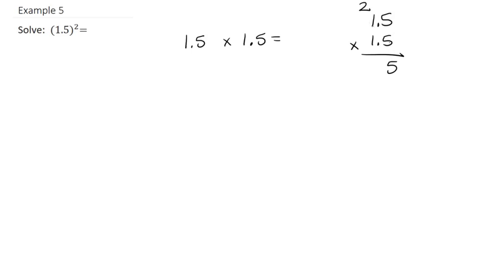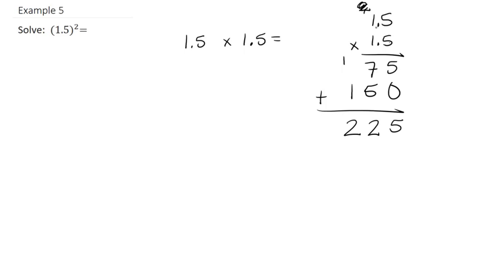Carry the 2. 5 times 1 is 5, plus 2 is 7. Have a placeholder of 0. 1 times 5 is 5. 1 times 1 is just 1. Let's add these together. 5 plus 0 is 5. 7 plus 5 is 12. Carry the 1. 1 plus 1 is 2.